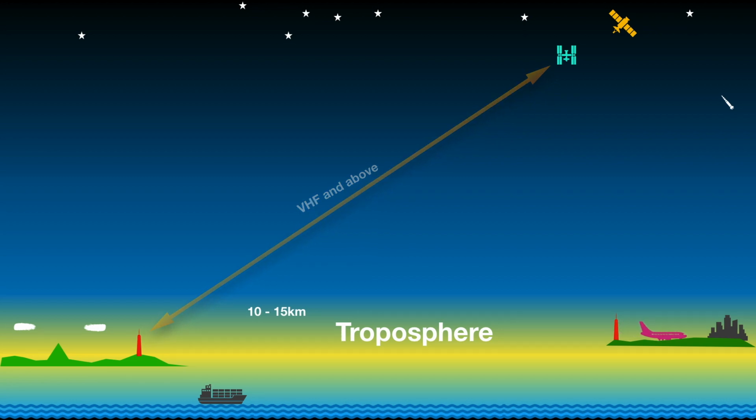And in that layer, most of the communication is by ground wave, and so probably VHF and above frequencies. And it extends from the surface to between 10 and 15 kilometers in height.